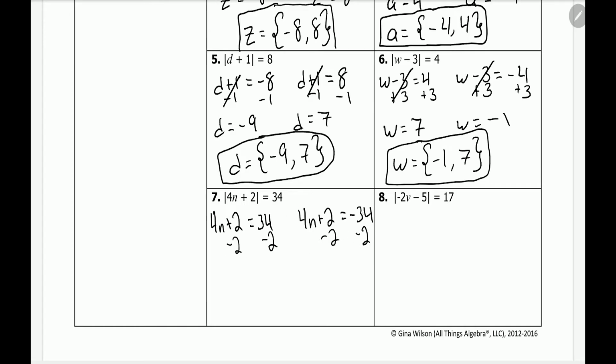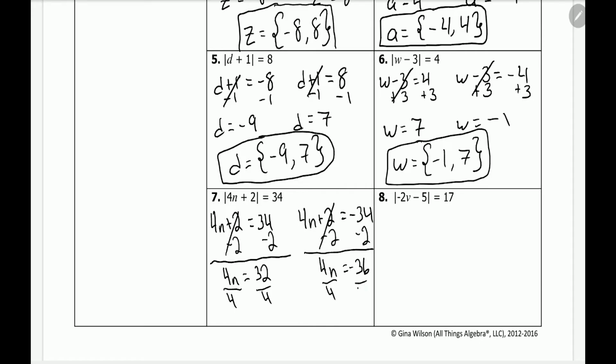Again, it's the same process. These 2's cancel. We're left with 4n is equal to, what's 34 minus 2? Well, that's 32. Then over here, these 2's cancel. We have 4n is equal to negative 34 minus 2 is negative 36. Now we have to get rid of this 4. In order to do that, we divide by 4 on both sides.